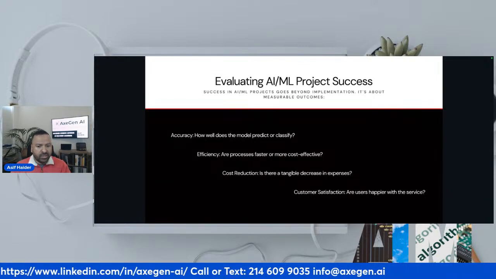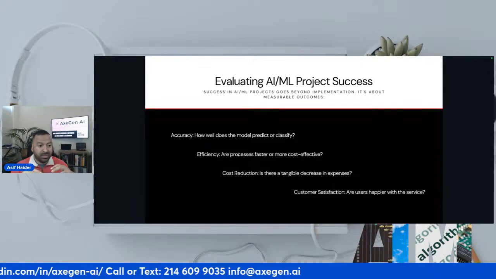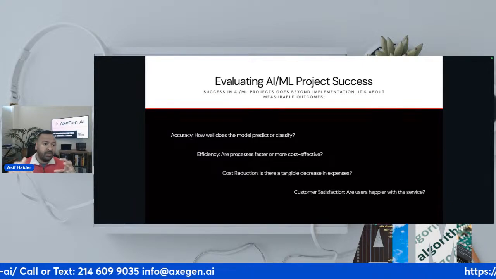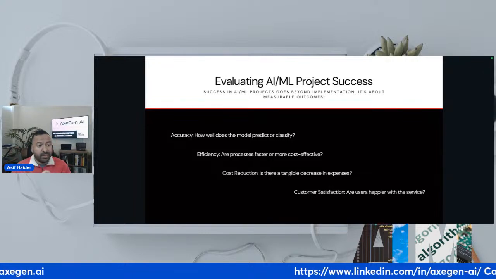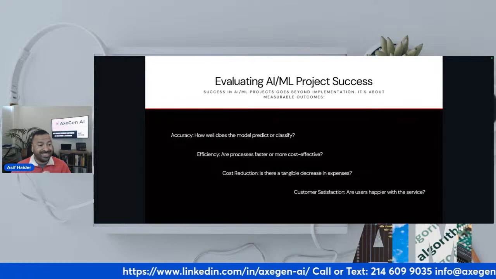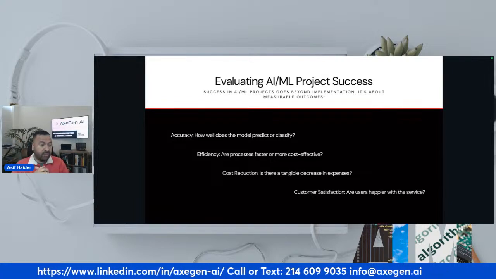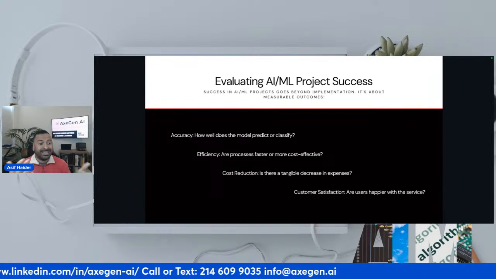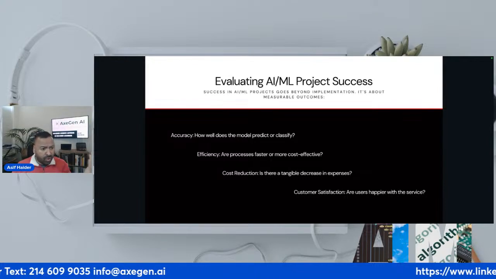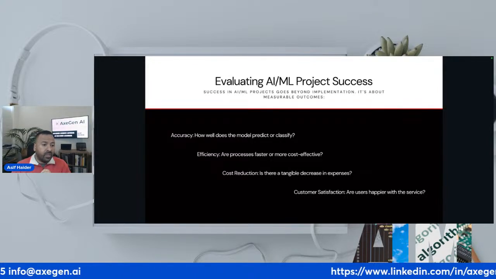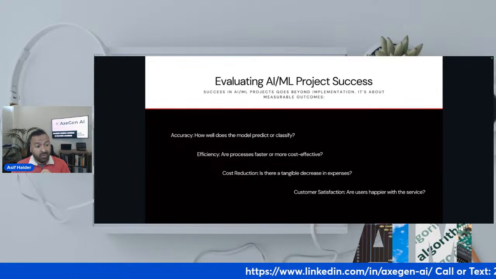So cost reduction, is there a tangible decrease in expenses? That's a good question to ask, because if it's a clear productivity gain and then improved bottom line, how do you capture that KPI? What are some of those questions that you have to ask once you start delivering, right? But you should be asking those questions ahead of time with some due diligence built into it. So you really have to audit the design that you're putting out in order for it to be developed, right?